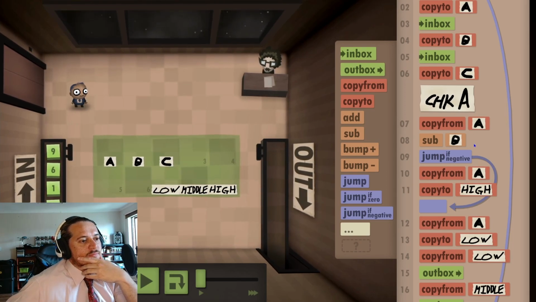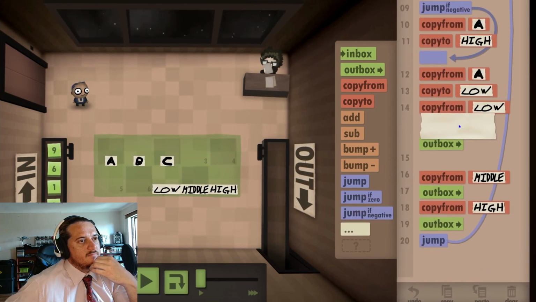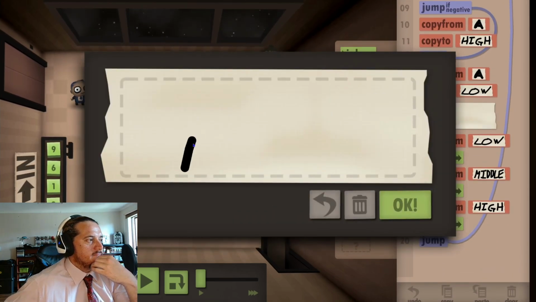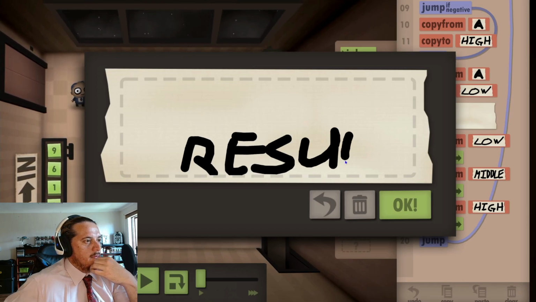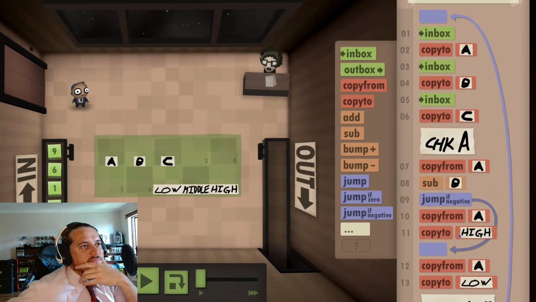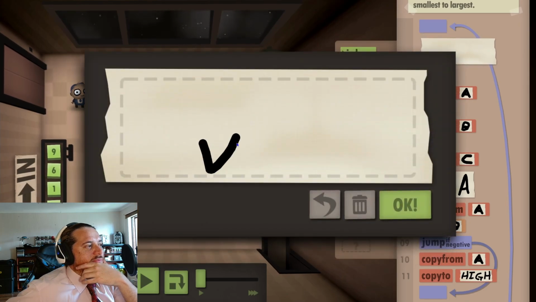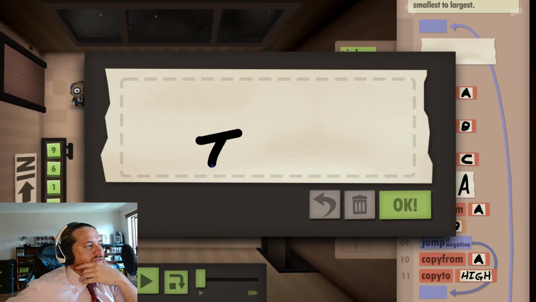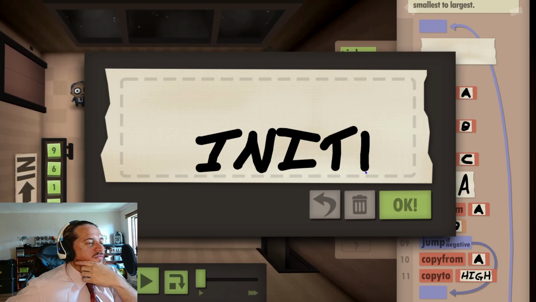And we grab A and put it in high. Result. That's the result, right? So that's the result. Let's get variables. This is init B. Initialize the variables.